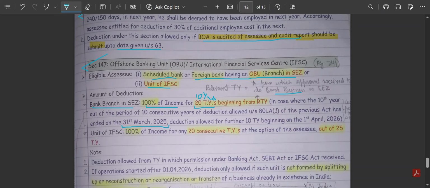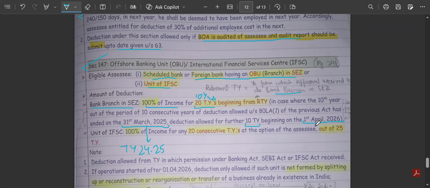Means they will be given an additional 10 years of 100% deduction, but that period of 10 years will start from 1st of April 2026. To clarify, their period ended on 31st March 2025. So they were enjoying the deduction up to tax year 24-25. Then it ended, and in the new act as well, the Income Tax Act 2025, there was a period of 10 years, so they did not have any deduction.